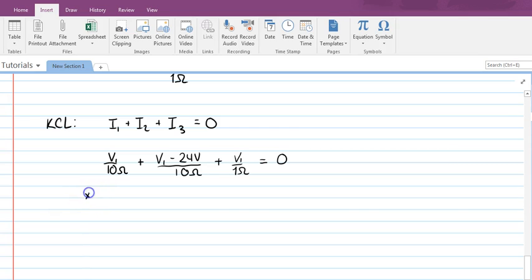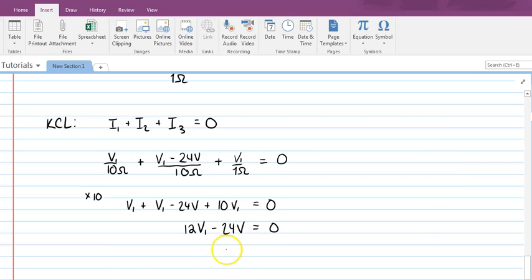So first thing we can do is multiply by the least common denominator, which is 10, and that gives us V1 plus V1 minus 24 volts plus 10 V1 is equal to 0. So simplifying this down, we get 12 V1 minus 24 volts is equal to 0.